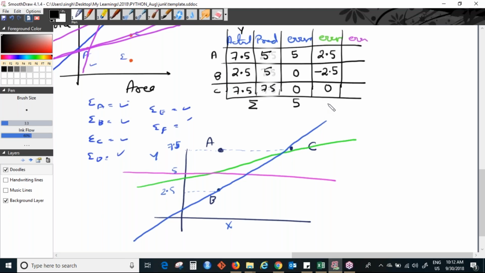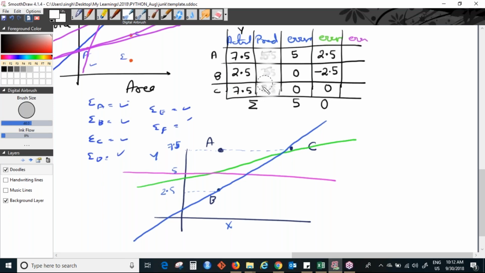So what is the summation of error for the green line? It is 0. Similarly, let's compute for the pink line now. I'll erase the predicted values of the green line and write for the pink line.